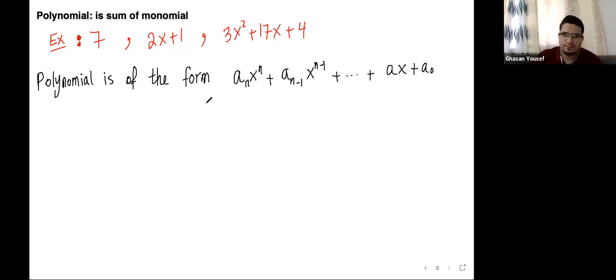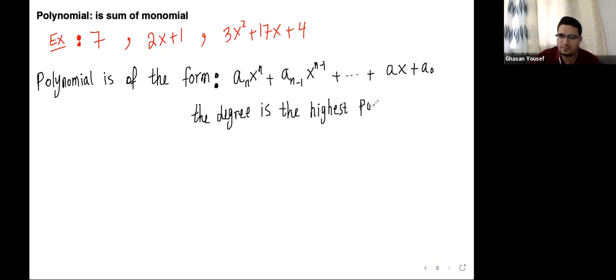This is the formal definition of polynomial. So in the website, we also have to know the degree, which is the highest power of the polynomial. Also, the degree is the highest power of the polynomial.